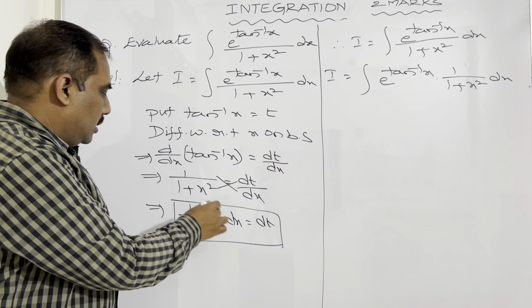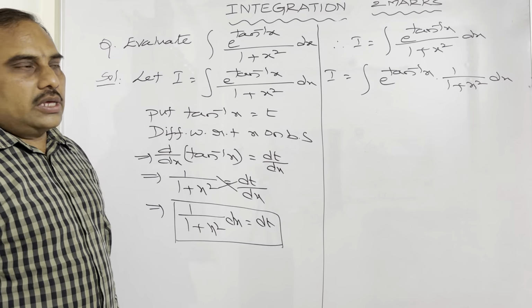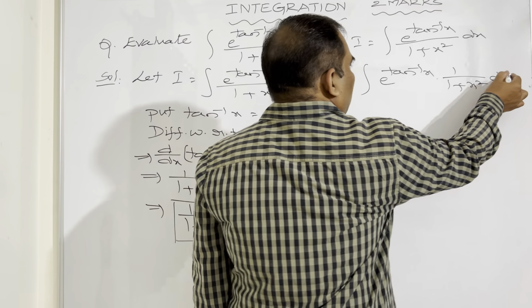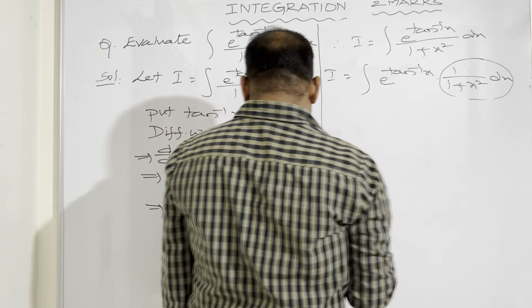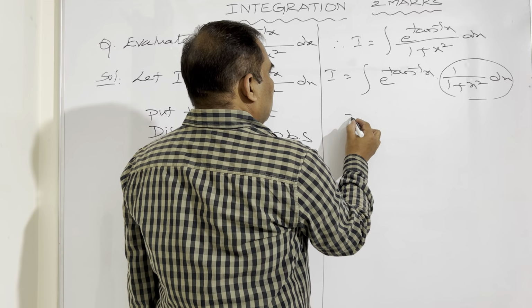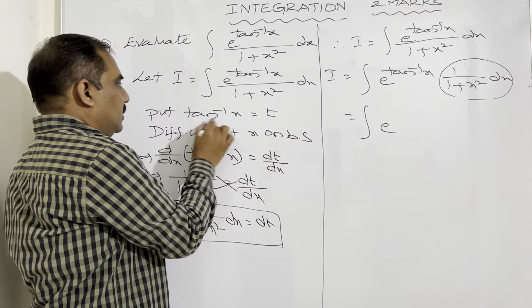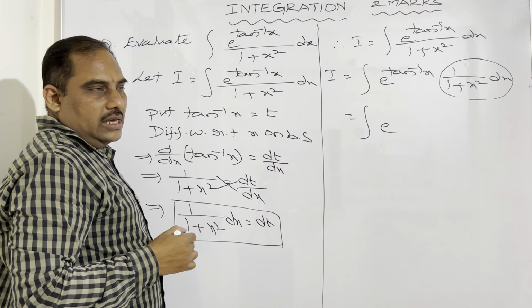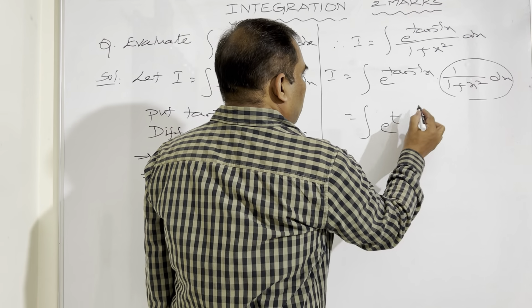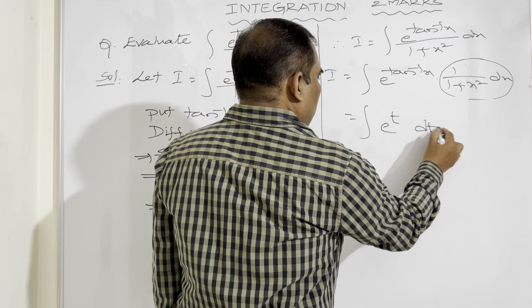Now observe here, this 1 by 1 plus x square dx can be written as dt. And we have taken tan inverse x as t, so e power t into dt.